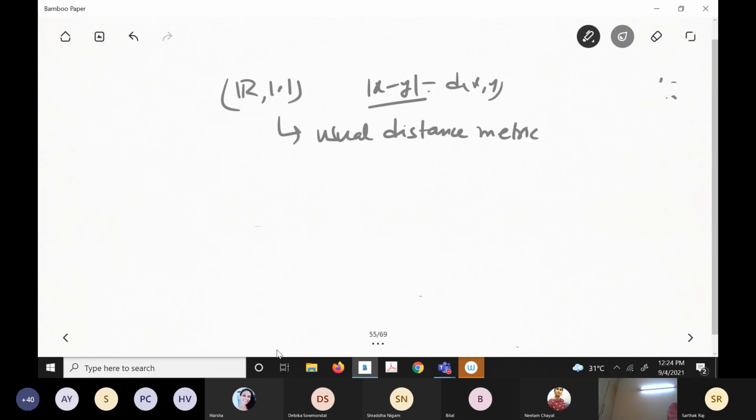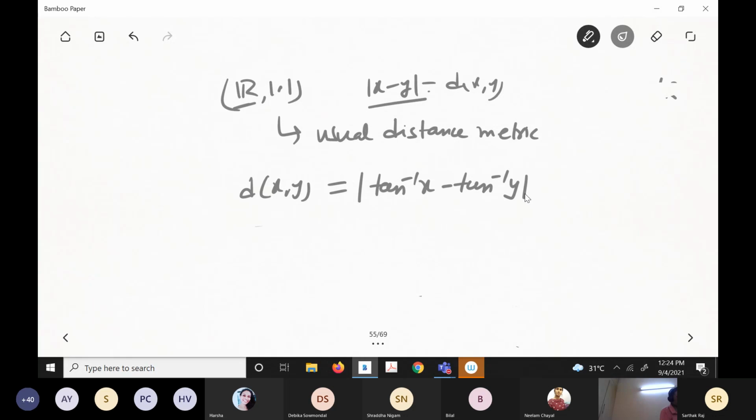Now you should check whether, if I give this d(x,y), with x, y belonging to R, only R I am considering. Given x real number, I am taking tan inverse x, arc tan x, and tan inverse y, and then I am computing their distance.